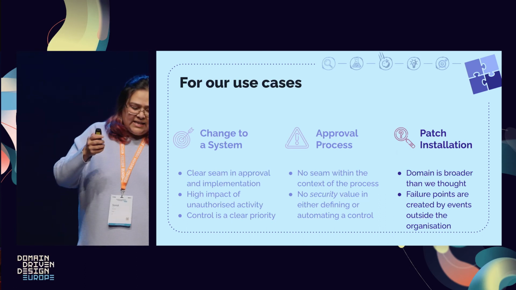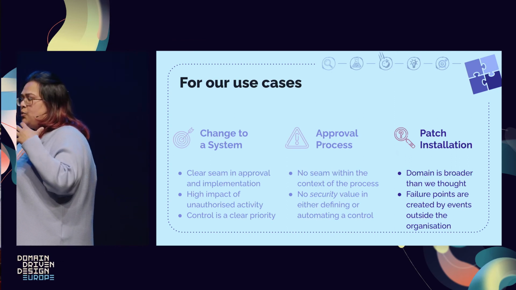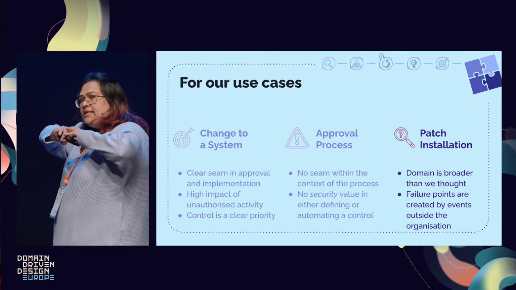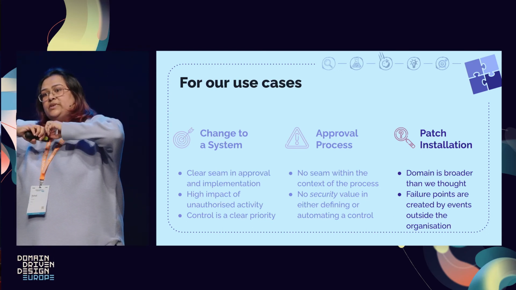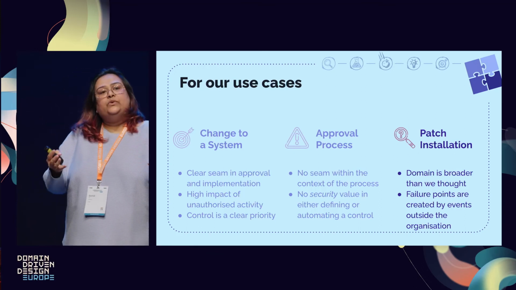And finally, when we started looking at patch installation, what domain modeling really helped with was understanding this domain, which we realized is much broader than just the events happening within our organization.